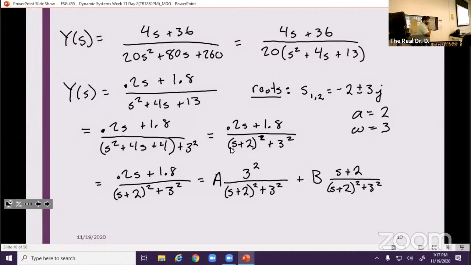Right, so where did that come from? That's just from the Laplace transform table. That's sine and cosine, the thing that I just wrote down and erased a minute ago. Damped sine and damped cosine. So now we just need to figure out what A and B are, and we're pretty much in the clear, right? Pretty much in the clear.